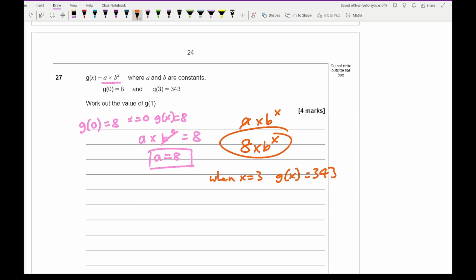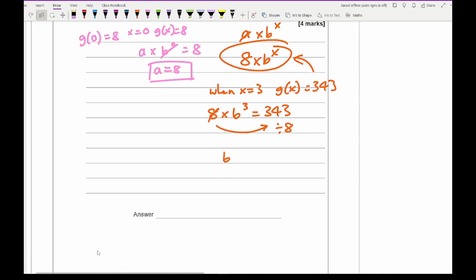So substituting this information in, we get 8 times b to the power of 3 equals 343. Now what I want to do is solve this. If I take the 8 over to the other side by dividing by 8, then I end up with b cubed equals 343 over 8. So b is then going to equal the cube root of 343 over 8.